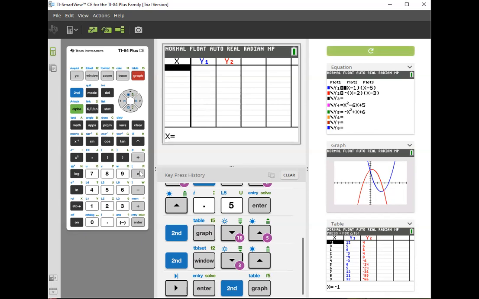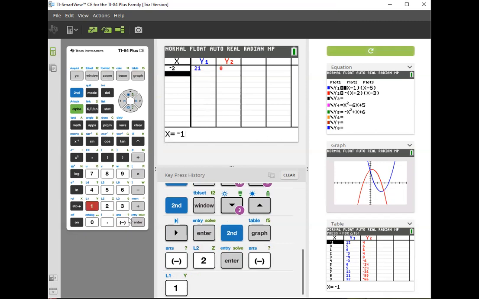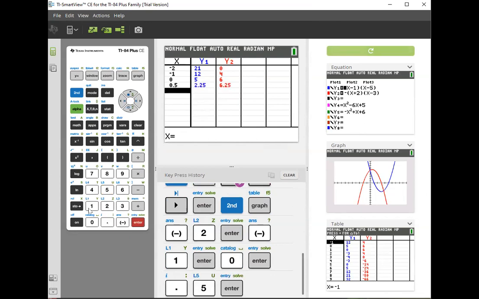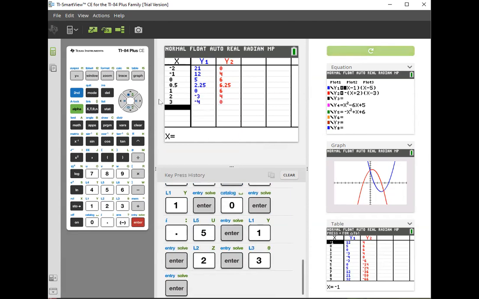If I enter -2, -1, 0, then a half, then 1, 2, 3, this is another 7-point parabola.